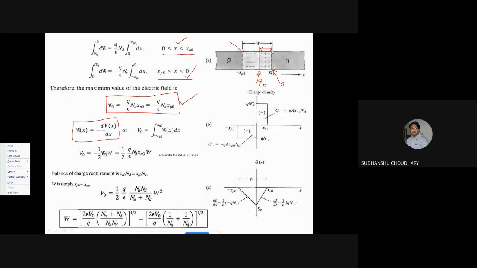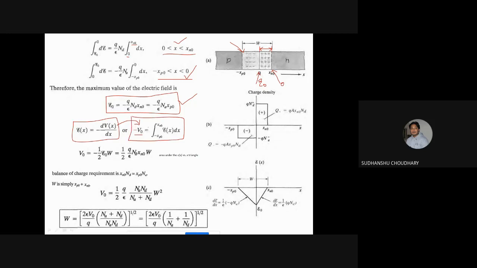From this one can find V(x) or the built-in potential V_0. The built-in potential is equal to minus the integral from -x_p0 to x_n0 of the electric field E(x) dx.